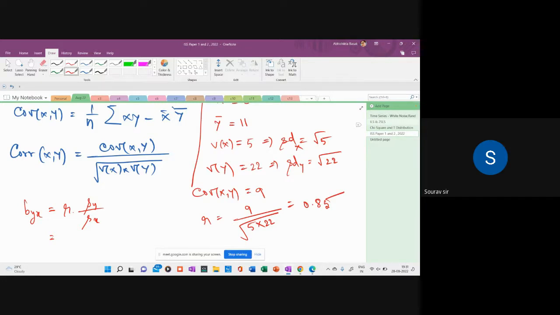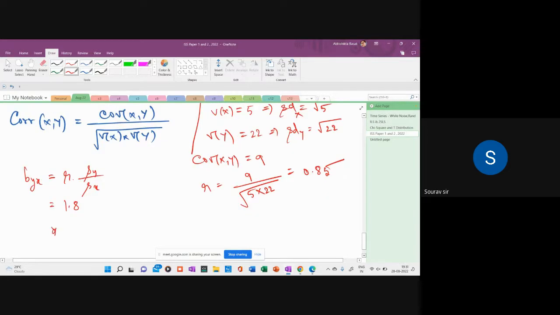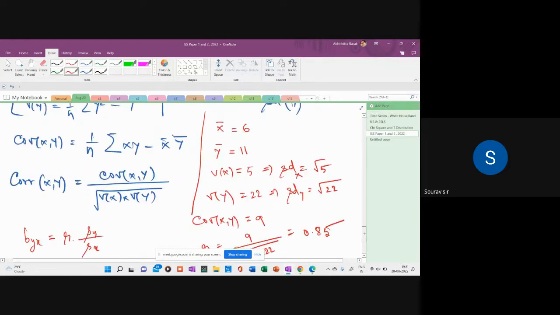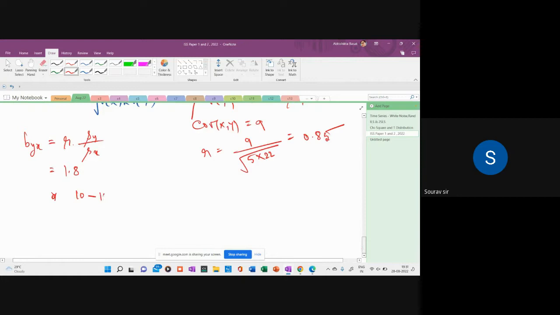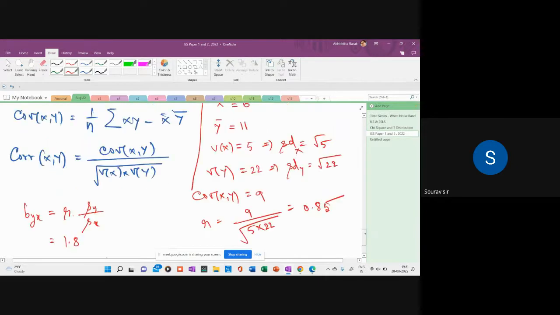That is going to give me 1.8. So what I have to write: y is 10, minus y bar which is 11, 10 minus 11 is equal to 1.8 into x minus x bar, which is 6.